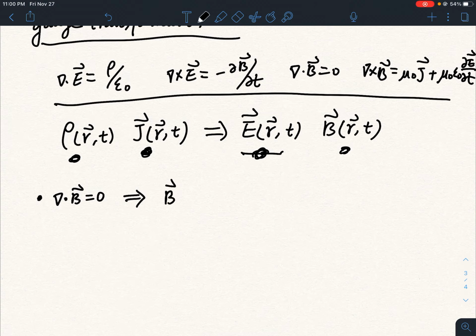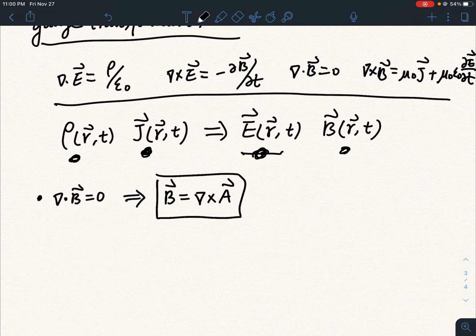Because of that, we can introduce a vector potential A and write B equals del cross A. For any function A, if we write B this way, del dot B will be 0.